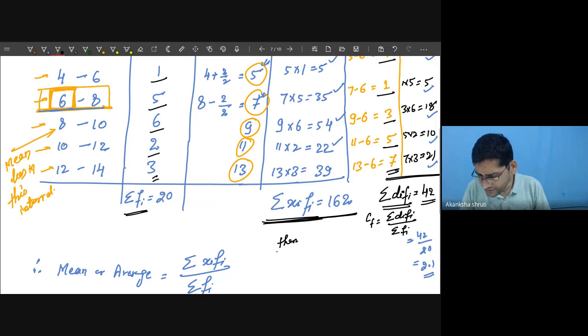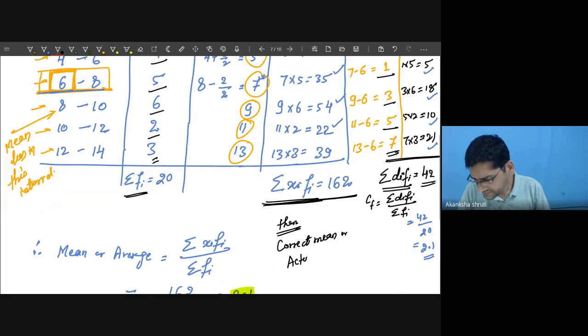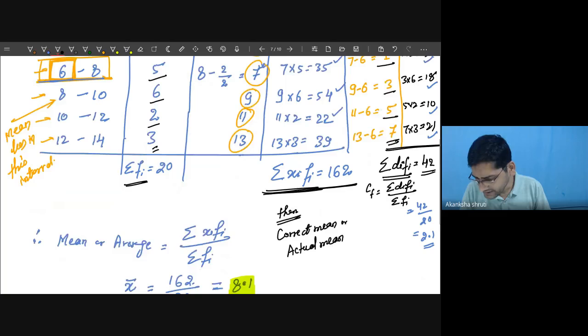Then after this calculation, the correct mean or actual mean, denoted by X bar, is obtained by adding this correction factor to the assumed mean. If this correction factor is negative, it will automatically get subtracted.